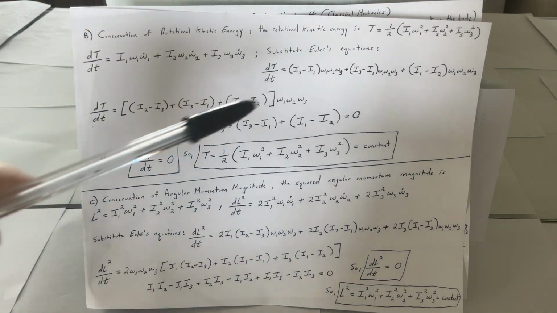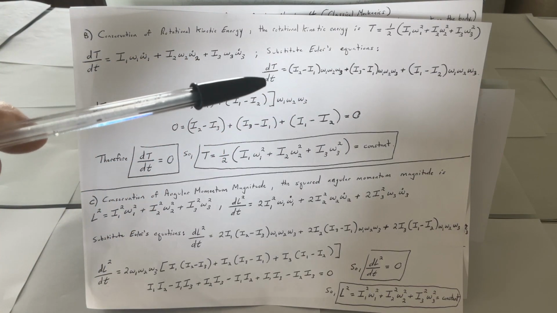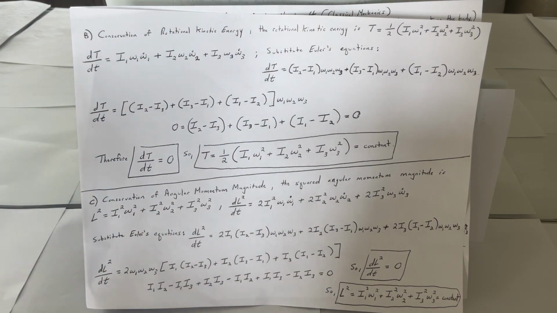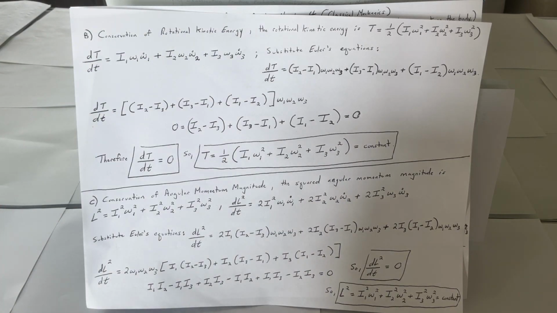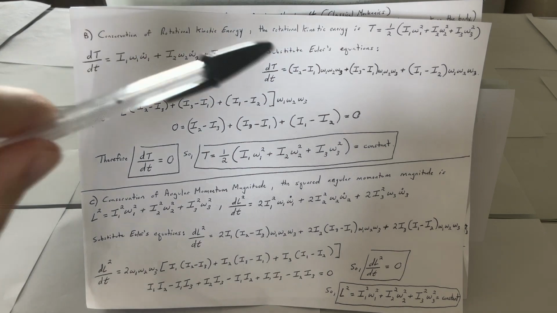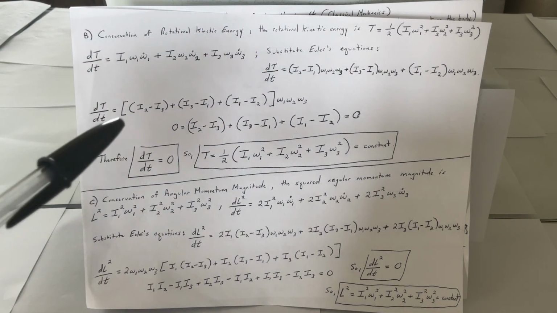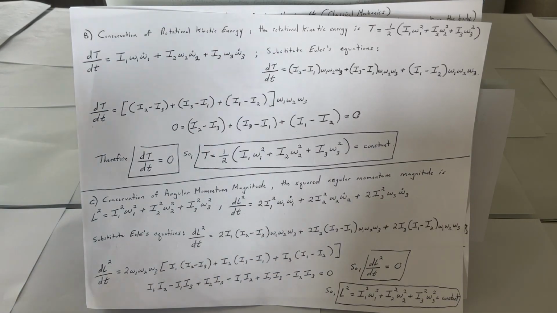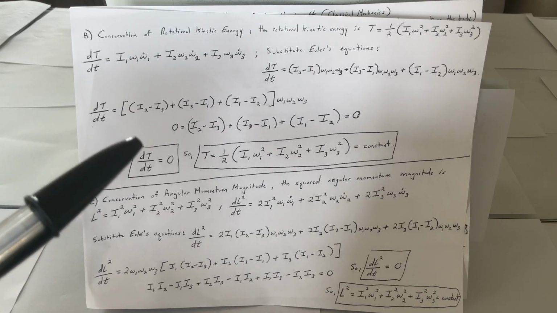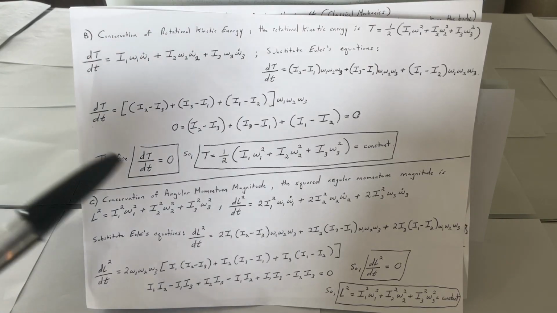If we substitute in Euler's equations, we get the following for the derivative of capital T with respect to time. We can rewrite that as the following, and from here we set this equal to 0. Therefore dT/dt equals 0.